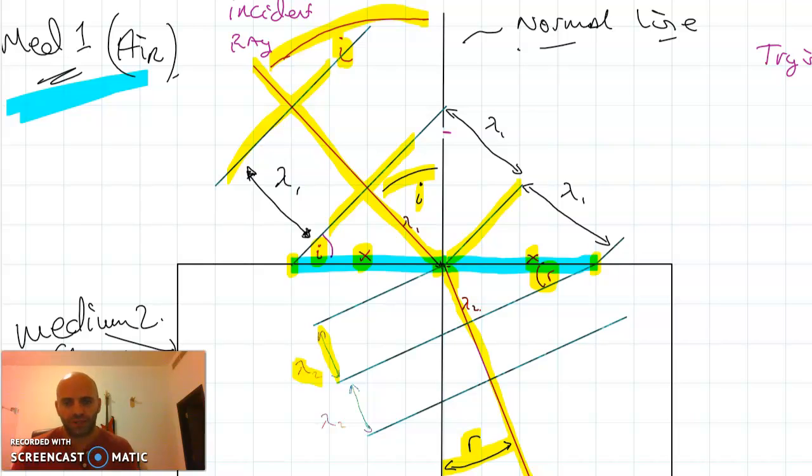I've got an angle of incidence i, and a lambda 1 up here. So I've got one triangle here with an angle of incidence, and another triangle down here with an angle of refraction and a lambda 2. Okay, so that's the plan. I'm going to try to equate these two quantities and just see what comes out of it.